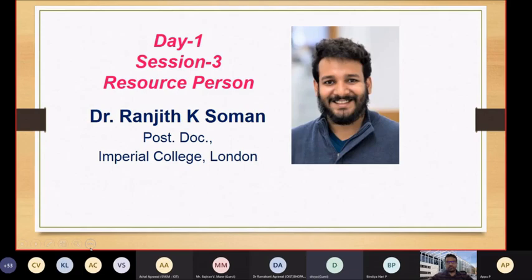It gives me an immense pleasure to introduce and welcome the resource person for today's afternoon session, Dr. Ranjit K. Soman. He is a postdoctoral research associate at the Center for Systems Engineering and Innovation, Imperial College London.